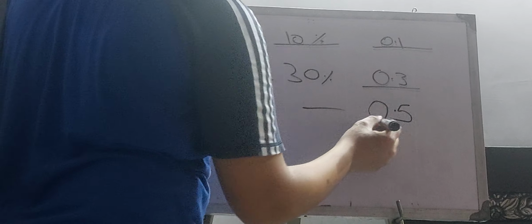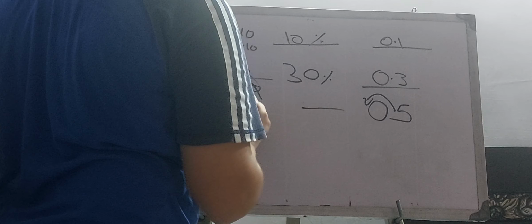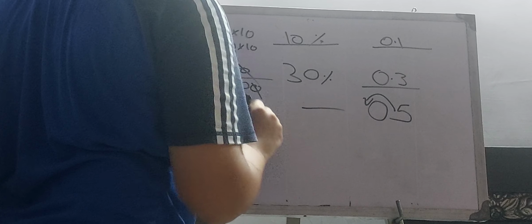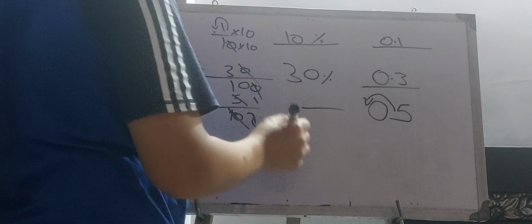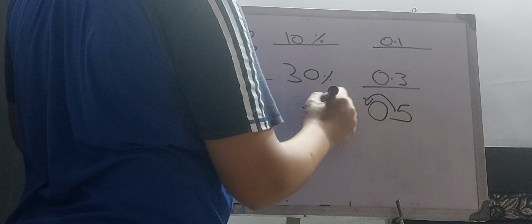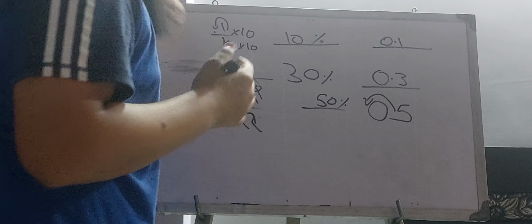Then it is 0.5. That means you multiply it by 10, which makes 5 over 10. If you divide it, it will be 1 over 2, and it is 50%. As you can see, you can multiply it by 100, 50%. So that's a very simple concept.